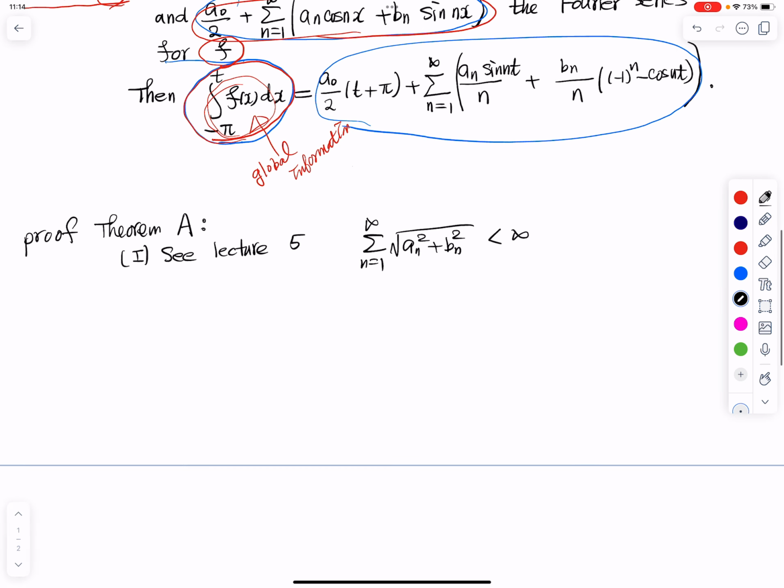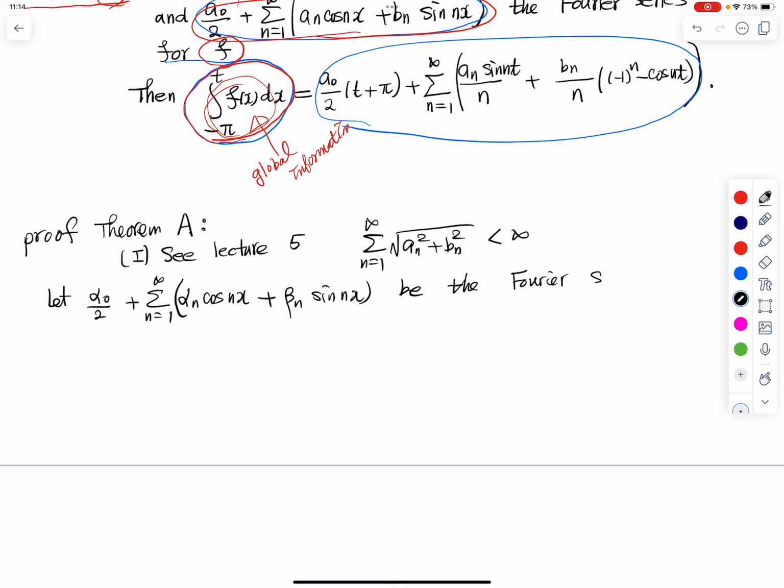So let alpha_0 over 2 plus the summation from n equals 1 to infinity of alpha_n cosine nx plus beta_n sine nx be the Fourier series for f prime x.